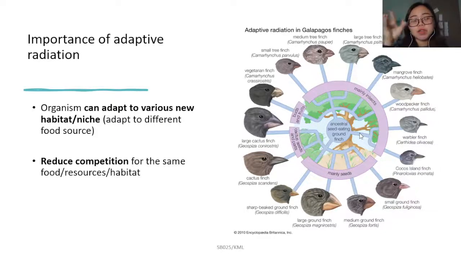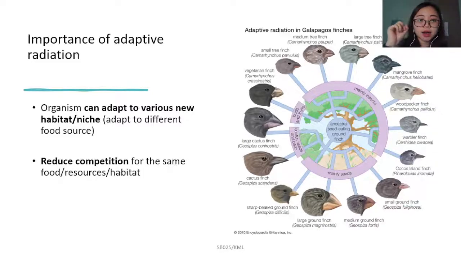Why is adaptive radiation important? It's important so that organisms can adapt to various new habitats or niches, and they can adapt to different food sources. Okay, so adaptive radiation ni penting supaya mereka dapat adapt. They can make themselves more suitable to their environment.